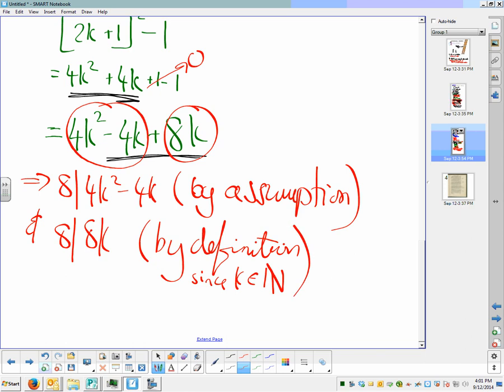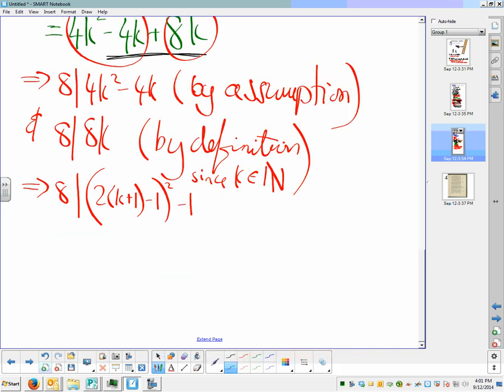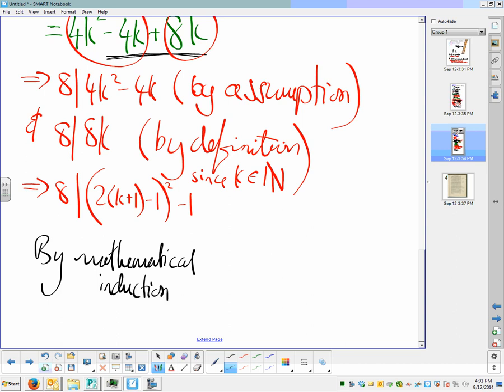And that means that 8 goes into our original statement, 2k plus 1 minus 1 squared minus 1. So by mathematical induction, this is true.